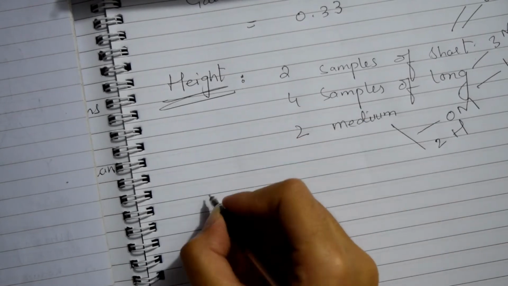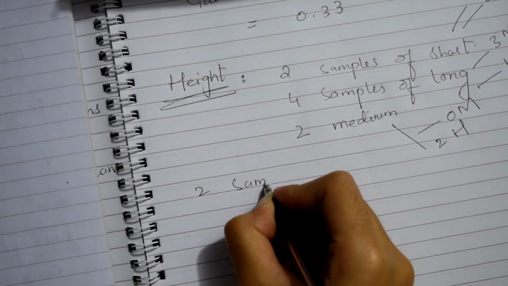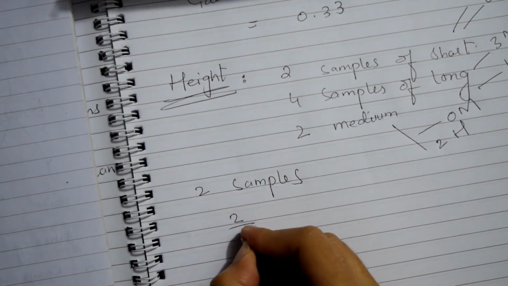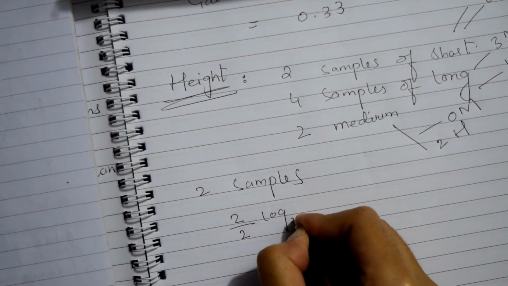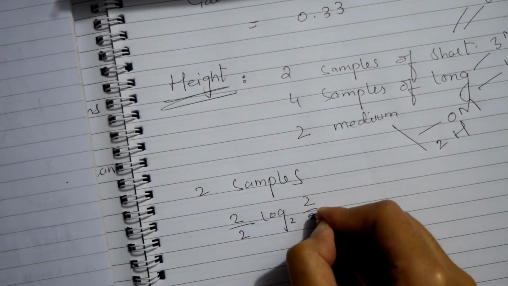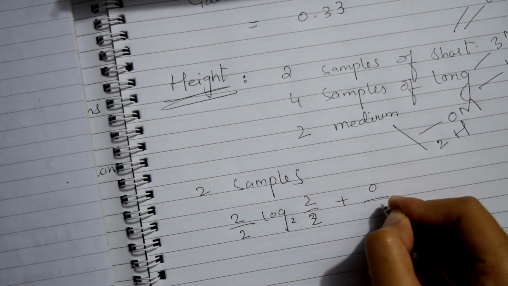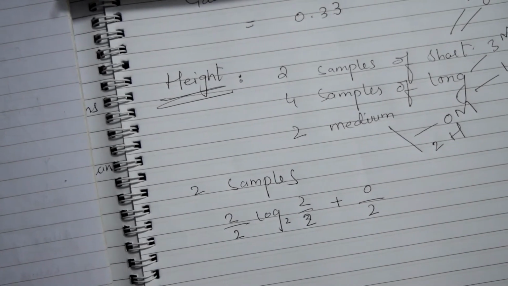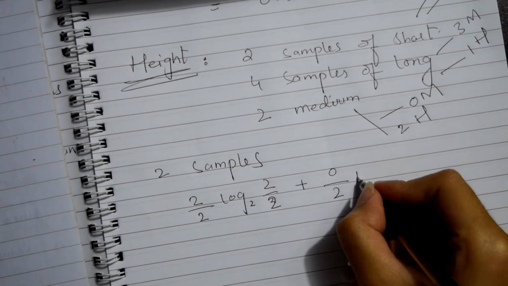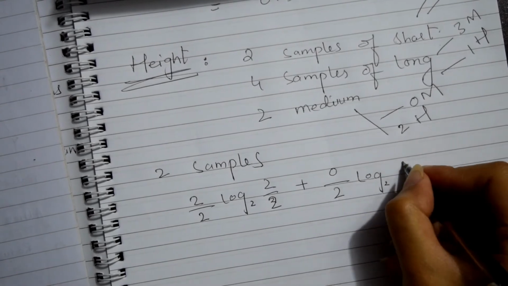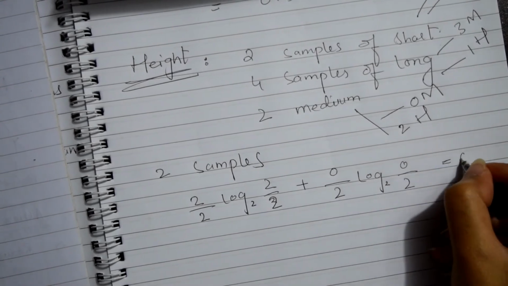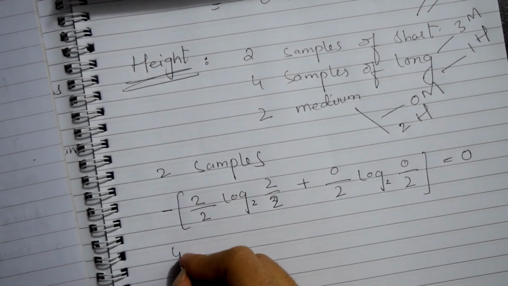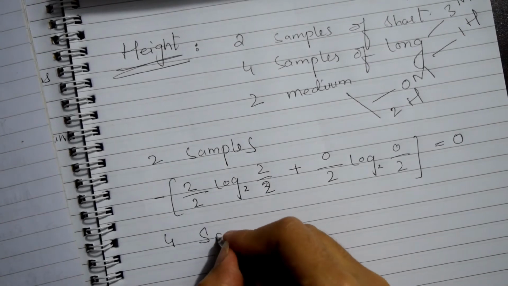Now for the 2 samples of short, we got the equation 2/2 log base 2 of 2/2 plus 0/2, because we have no human in this category. We got 0 for 4 samples.